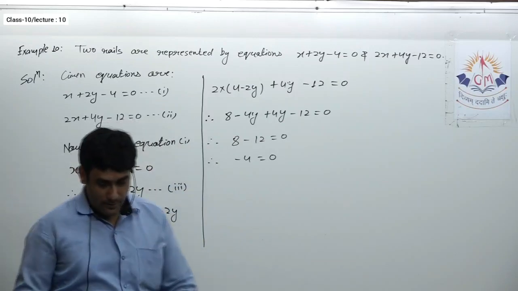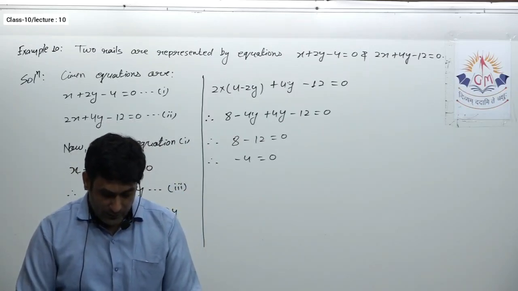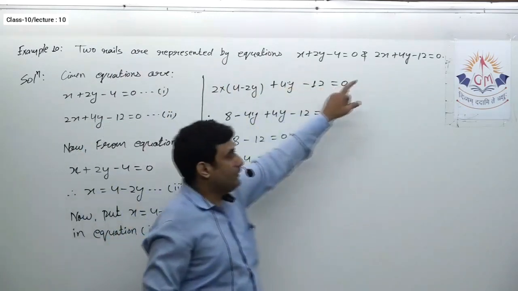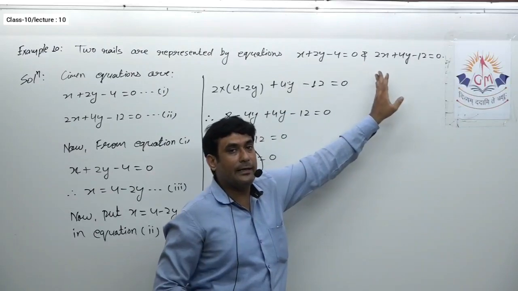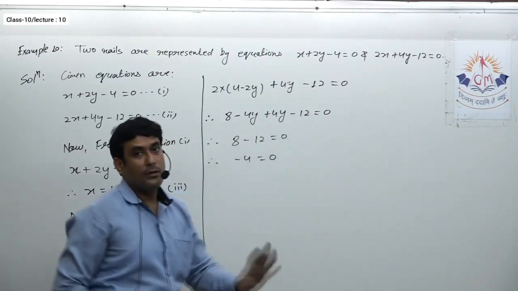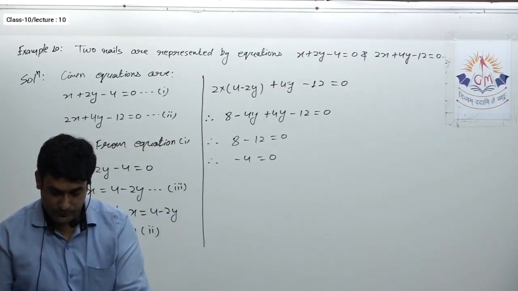In the question they are asking, will the rails cross each other? As they are not meeting at any point, this pair of equations has no solution, so we can conclude that the rails won't meet each other.